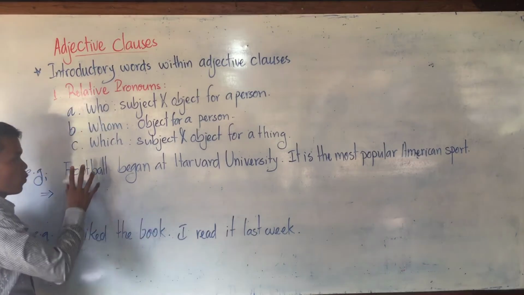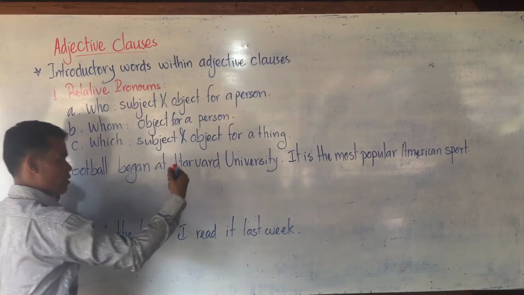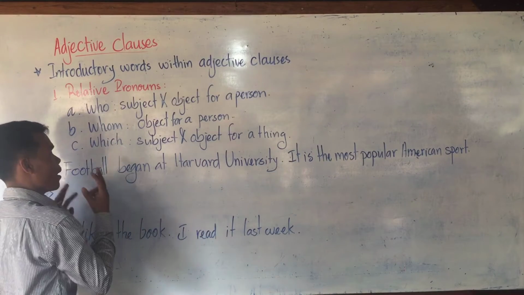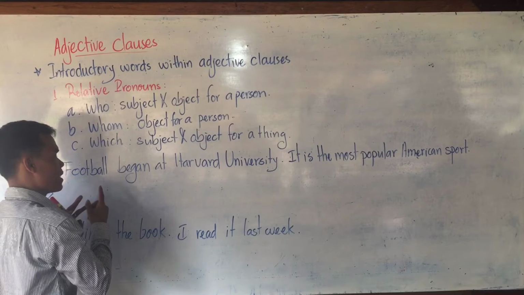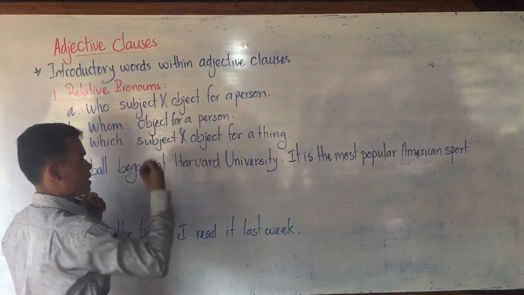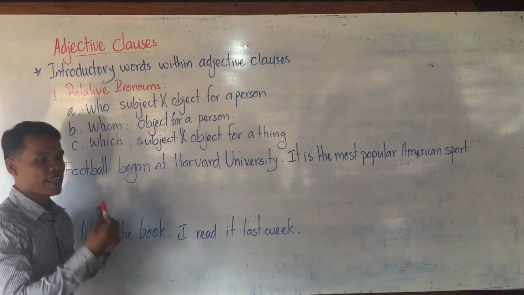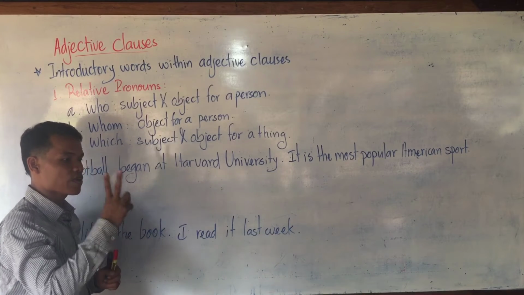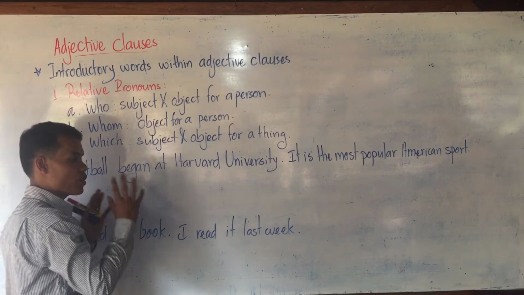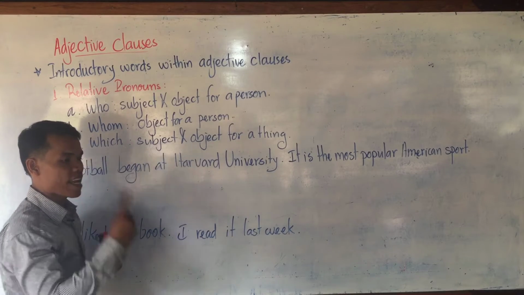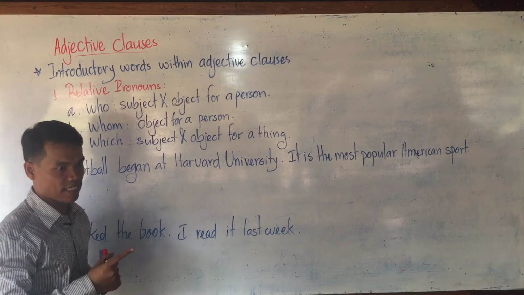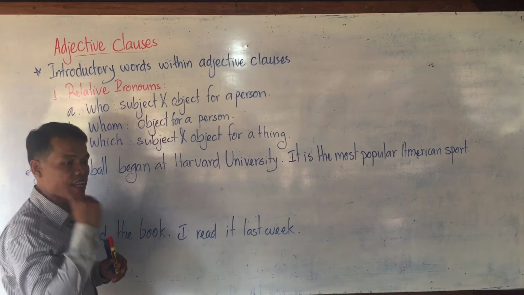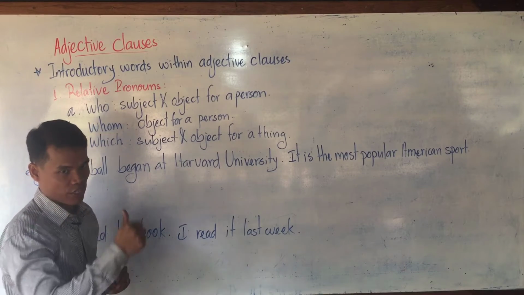In order to combine two simple sentences into one, we have to look at one noun in the first sentence and the other noun in the second sentence. If these two nouns are the same, you can use one noun as an antecedent or head noun, and the other noun is replaced by which.